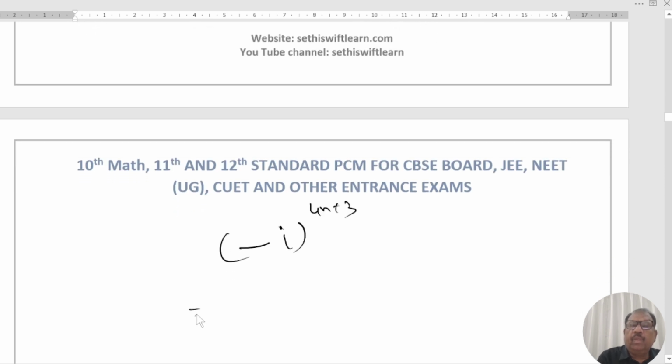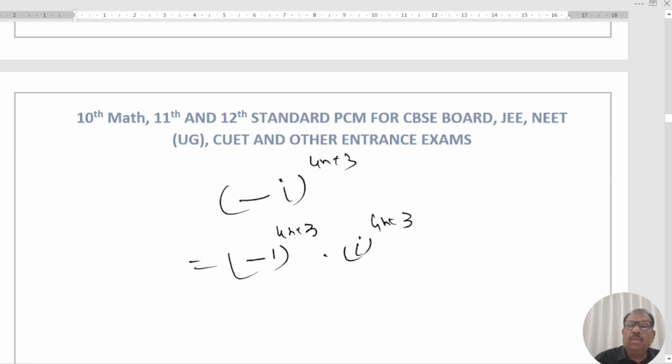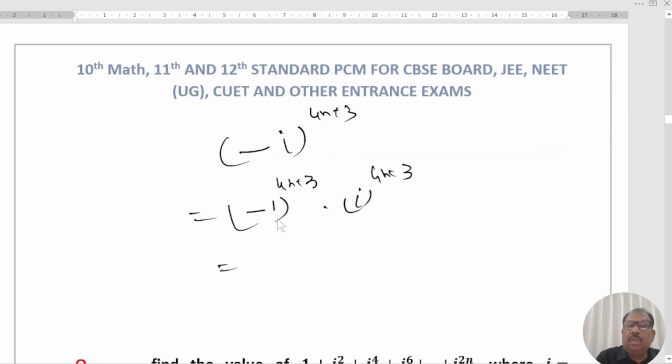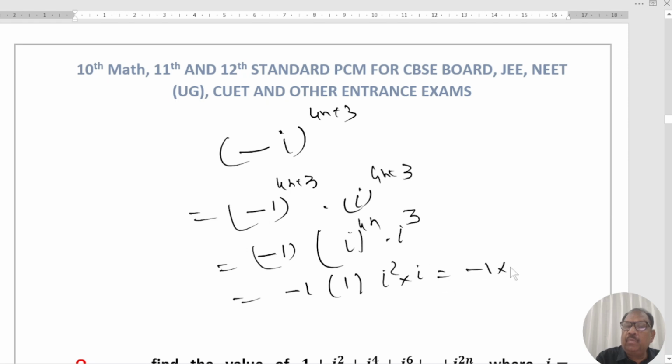We take minus 1 to the power 4n plus 3 into iota to the power 4n plus 3. Simplifying, the odd power gives a minus, so minus 1 into iota to the power 4n into iota cube. That is minus 1 into 1 into iota cube, iota square into iota, that is minus 1 into minus 1 into iota. That is, iota is the answer.